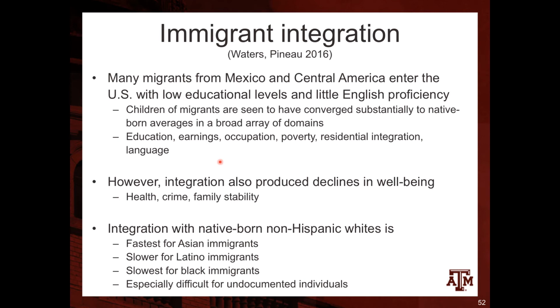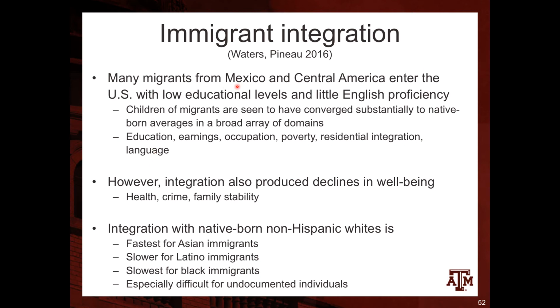Which indicators exactly are we talking about? We are talking about educational attainment, overall earnings, occupation, and also lower levels of poverty, higher levels of residential integration, and higher English proficiency.